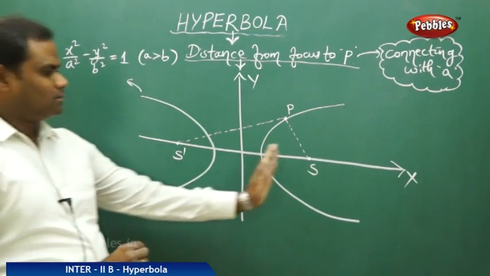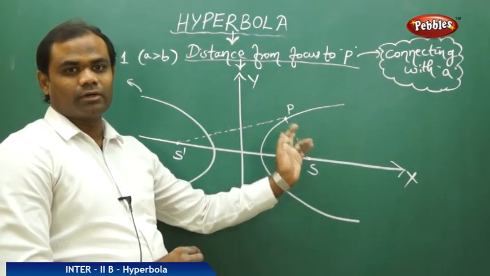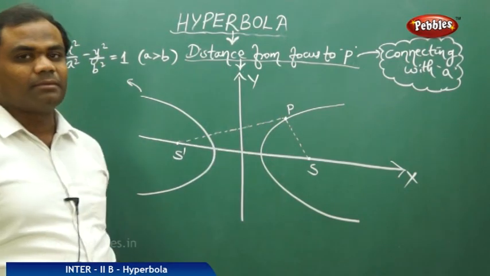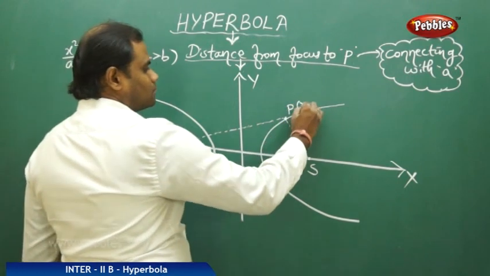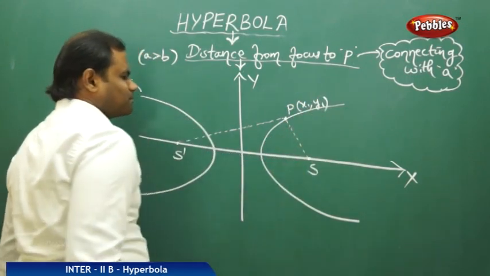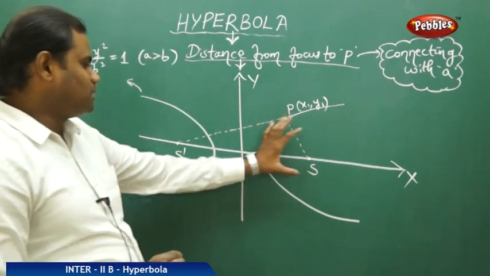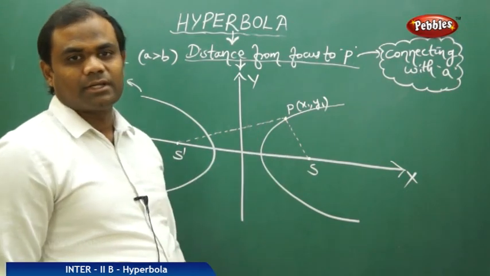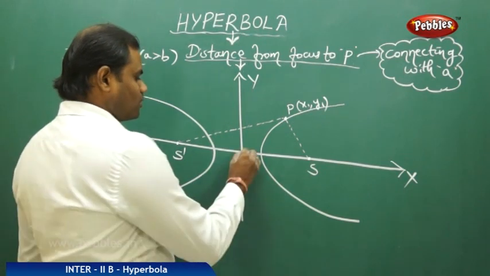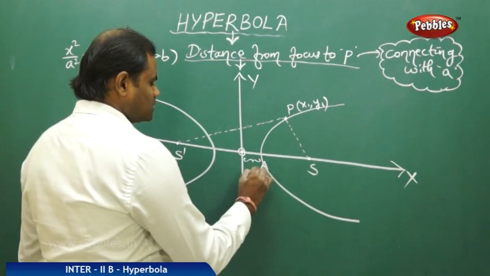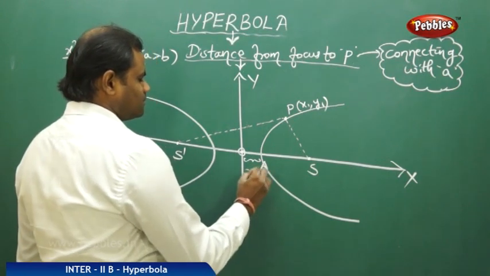So I have SP, the distance from focus to the point, and S dash P, the distance from the other focus to the same point P, x1, y1. Then mathematically I have the relation between SP, S dash P and A, which is the distance from center to the vertex. This is A.